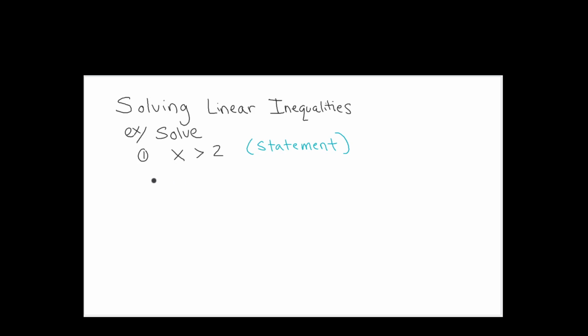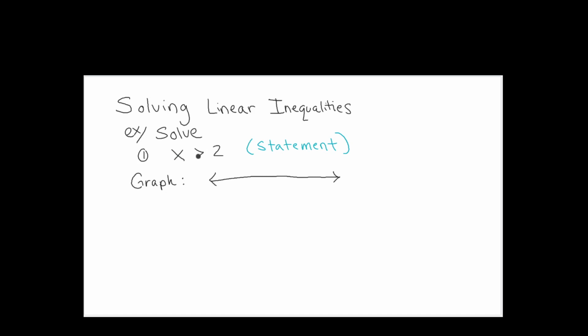Now, there are 3 ways that we can write a solution to this statement. The first is the most intuitive because it is visual. We are going to graph it. So we are going to start with a number line. You can fill out your number line as detailed as you want, but the most important thing is to write down the number that x is being compared to.